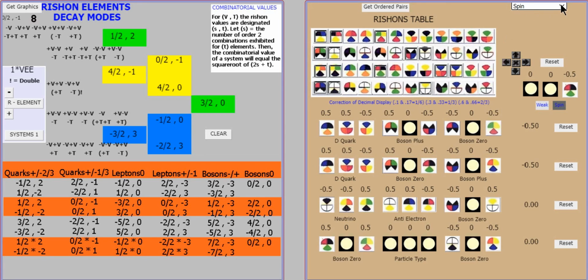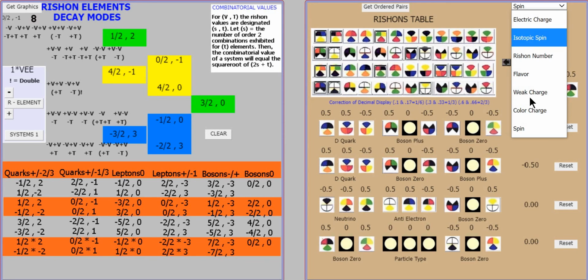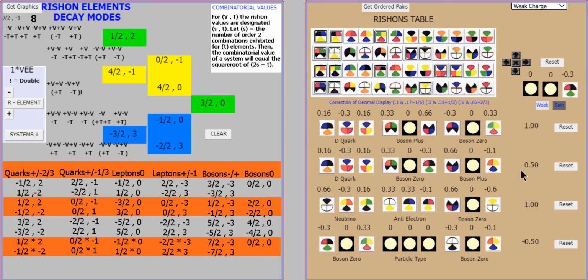Now, let's look at the weak isospin. The weak isospin on this W plus particle, as said before, is 1/2 when it should be 1.